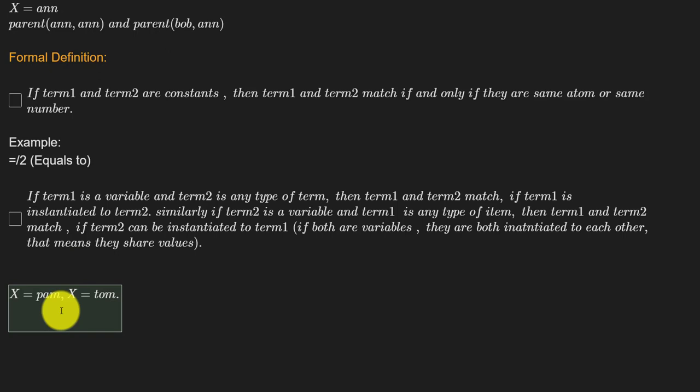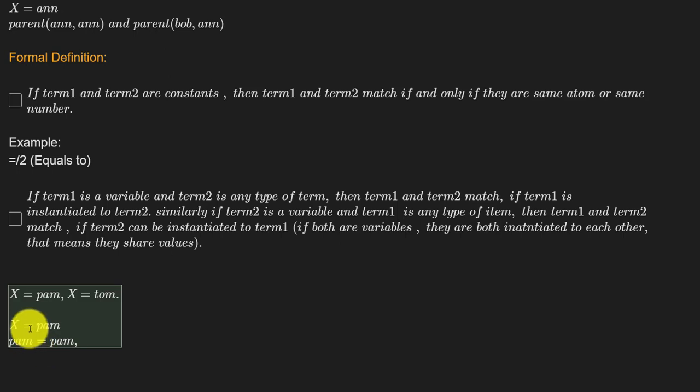Now if we apply our matching rule, when we initialize X with Pam, so X equals to Pam, our first term becomes Pam equals to Pam, right? So this is true, that is why we have matched it, and we have initialized that particular variable as Pam over here.